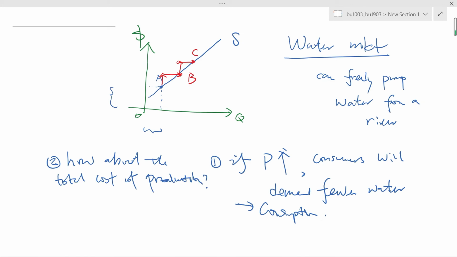If you are asking these questions, you are thinking in terms of cost of production, which is correct actually, by the way. So first, with a price increase, firms respond by producing more goods, more water, and supply more to the market.